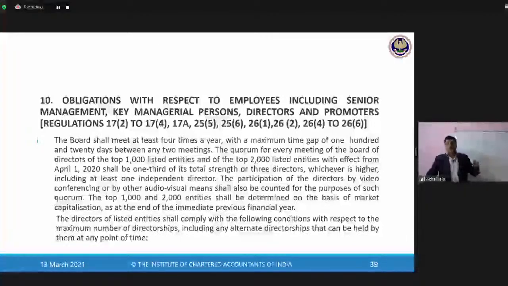This requirement seems similar to what we saw in the case of the audit committee's requirement. Correct? I'm not saying it's the same, but similarly we had this requirement over there also.